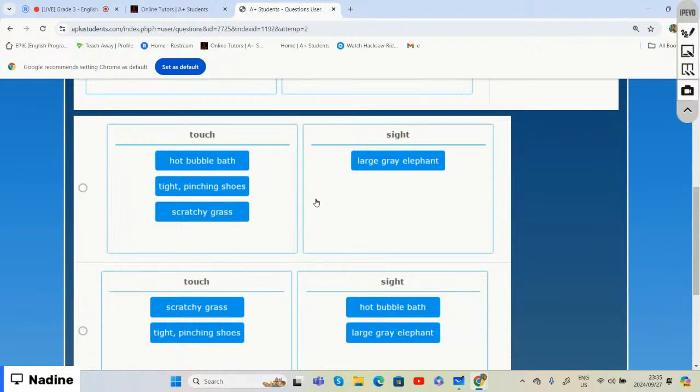So we need to say which one is correct. Option one, or is it option two?